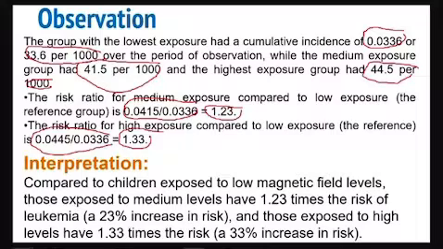What if the ratio is 1? If the ratio is greater than 1, that's an increase. If the ratio is 1, that's like a threshold. Now, 23% increase in risk. But those who are exposed to high level, 33% increase in risk. Which one is more? The one that is more is the high exposure.